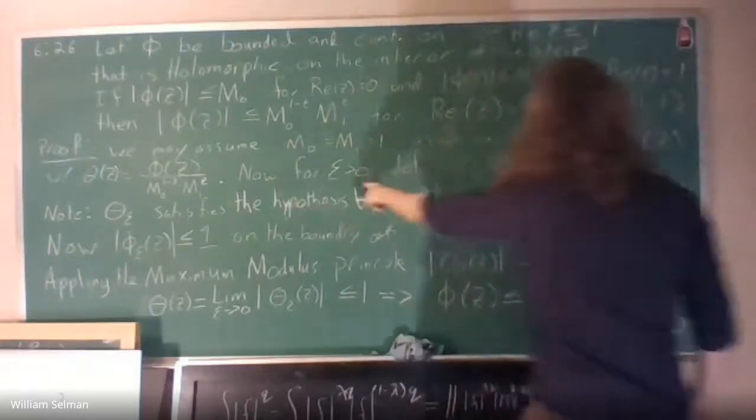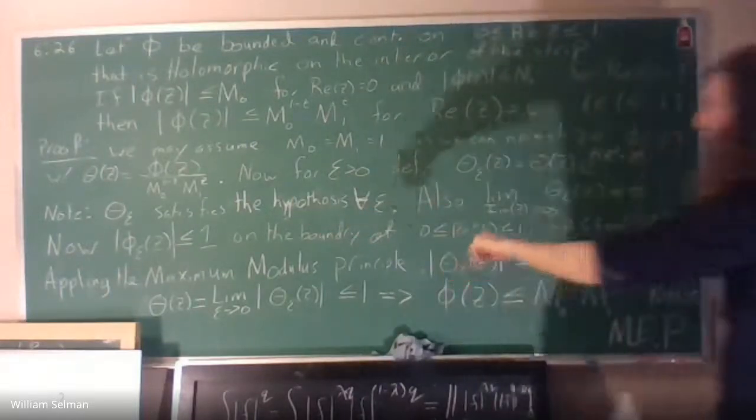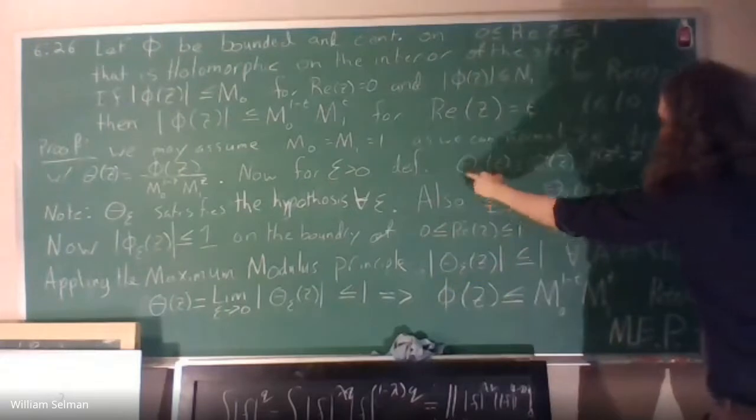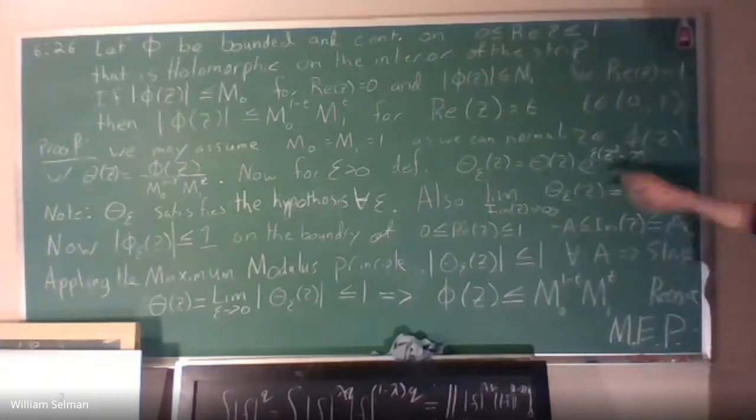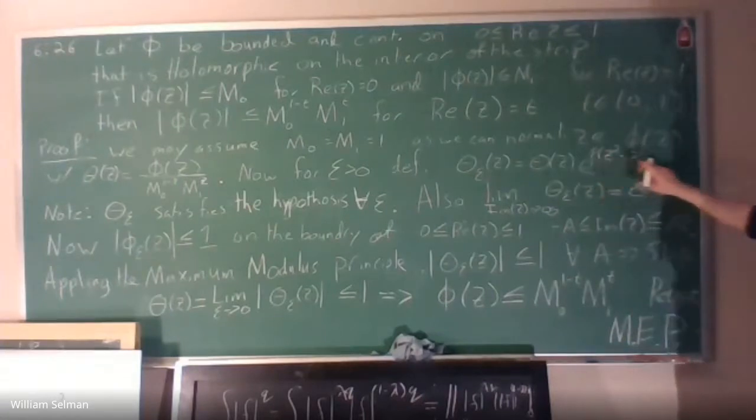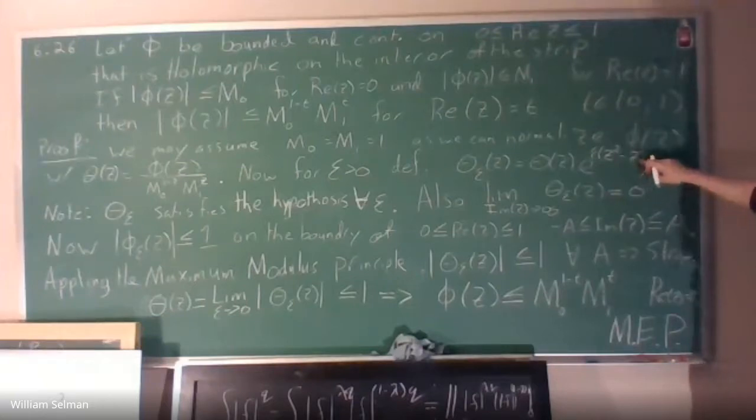Now, for all epsilon greater than 0, we can define theta sub epsilon of z, where we take theta of z and then multiply it by e to the epsilon times z squared minus z.